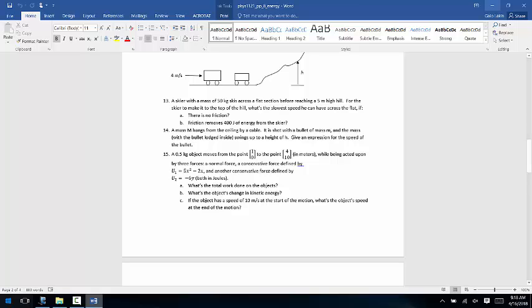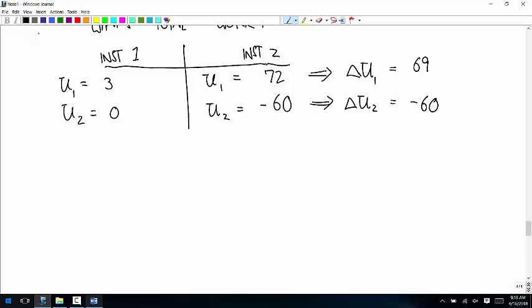What's the total work done? The work is the negative change in potential energy. So that's negative 69 minus 60, so negative 9 joules.